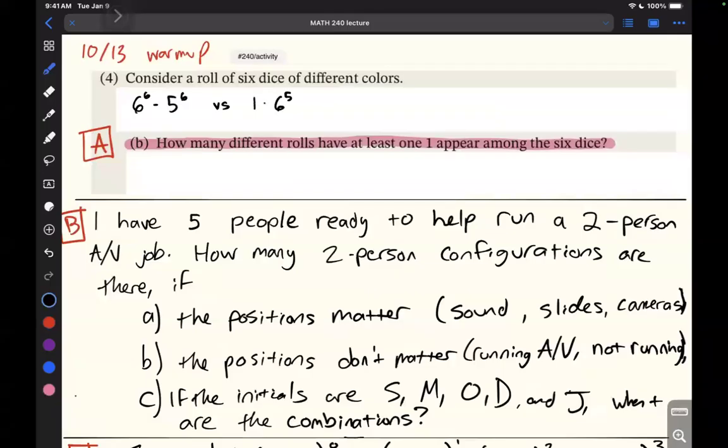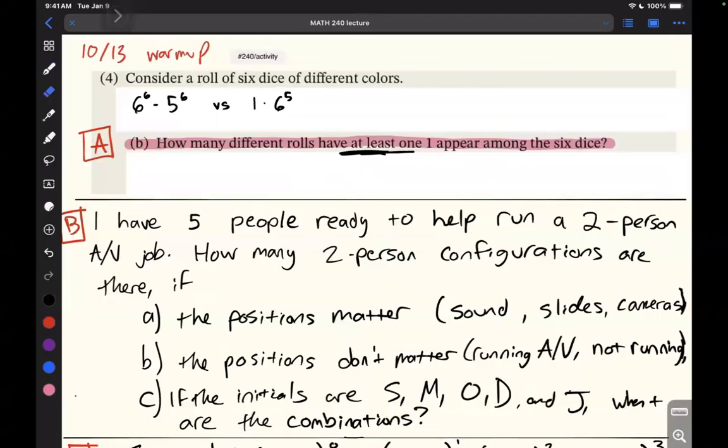And so the reason here is that the key word in this problem is at least, where for this one, we can fix the first one as a 1, and we can have every other die be whatever we want. But we want to capture at least one 1.